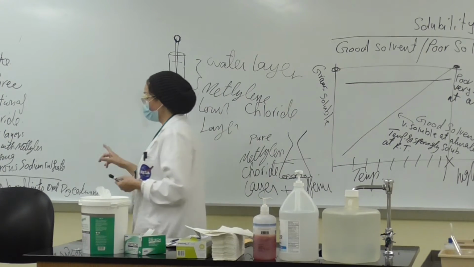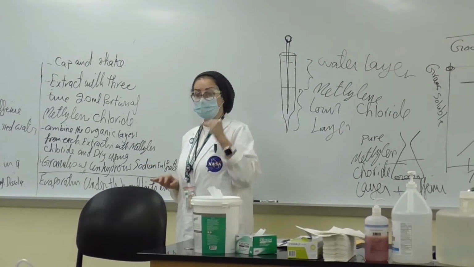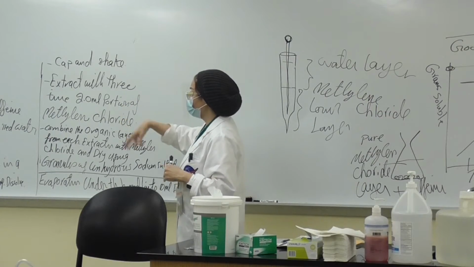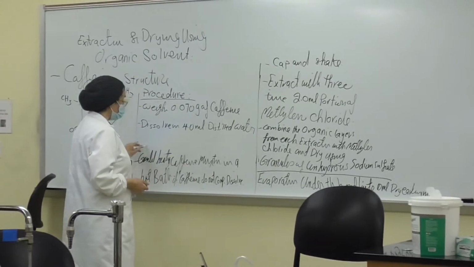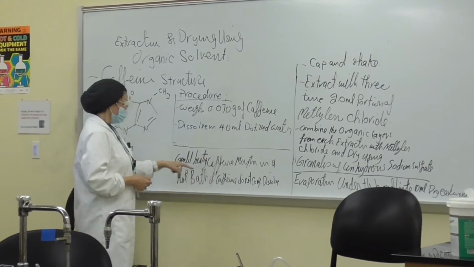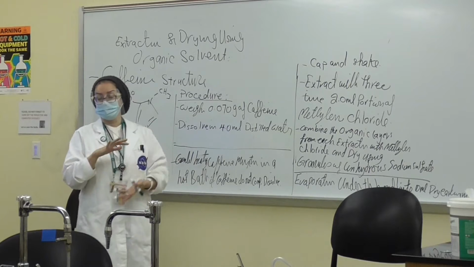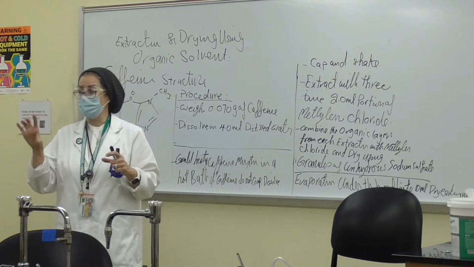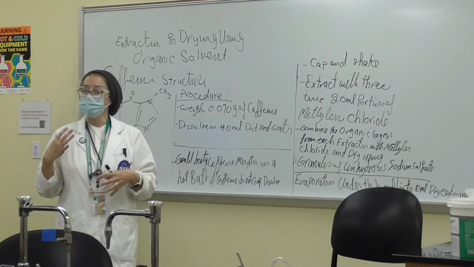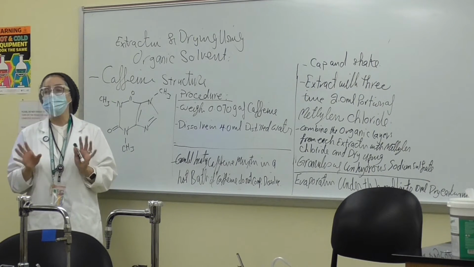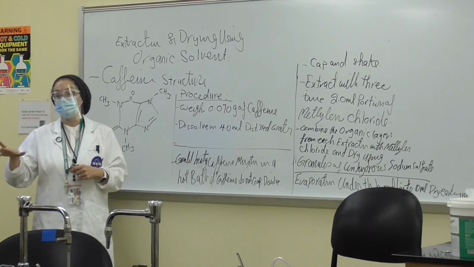Hopefully everybody was able to read the procedure. I tried to summarize it over here. This is what we start with, and then we are going to mix it with the water. If it is not dissolved, I'm going to bring the hot plate and make a gentle water bath, in case we are not able to have the caffeine 100% dissolved.